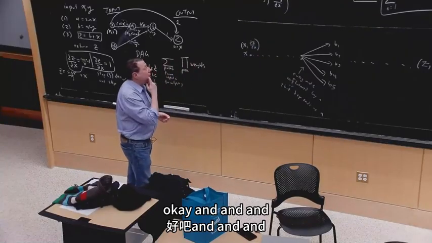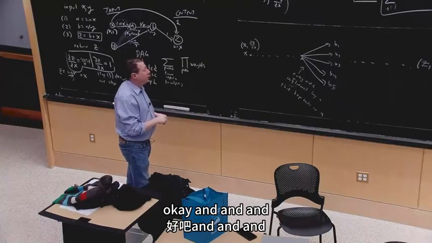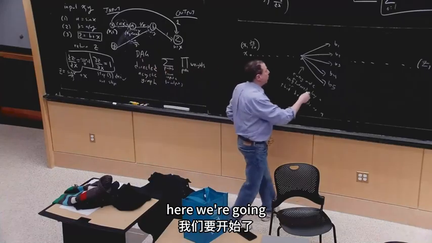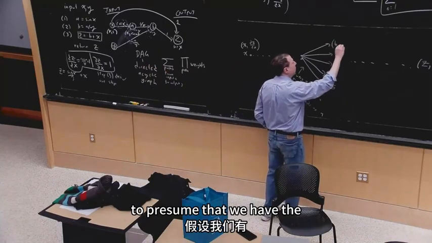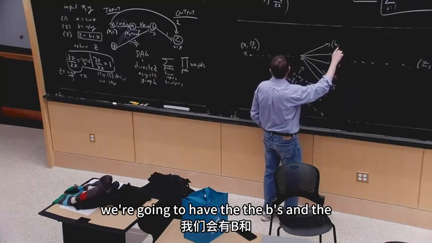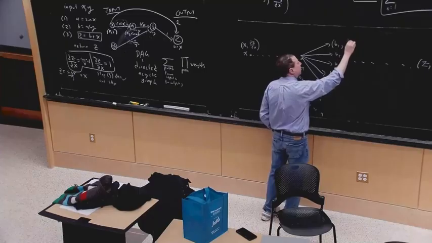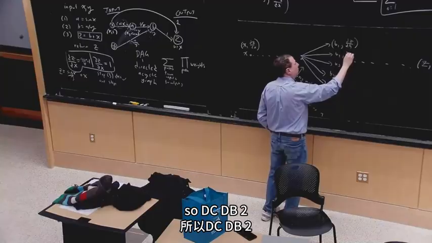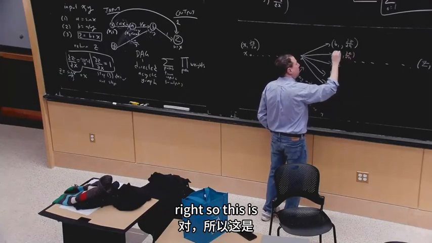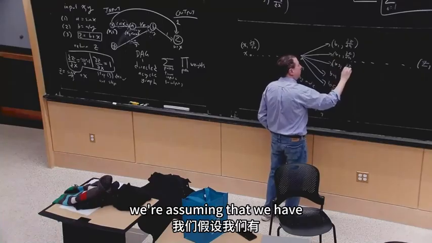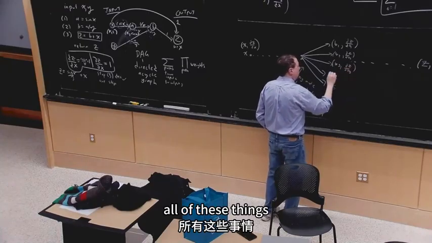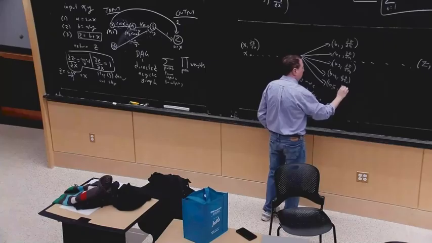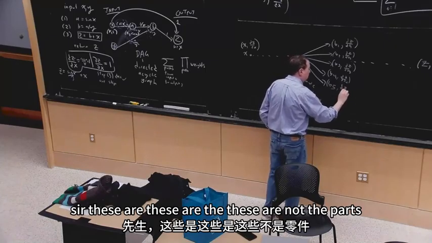Okay, and the way it's going to work is we're going to presume that we have the b's and we have the full derivatives, so dz db2. So we're in the middle of the algorithm, assuming that we have all of these things. Sorry, these are not the partials.